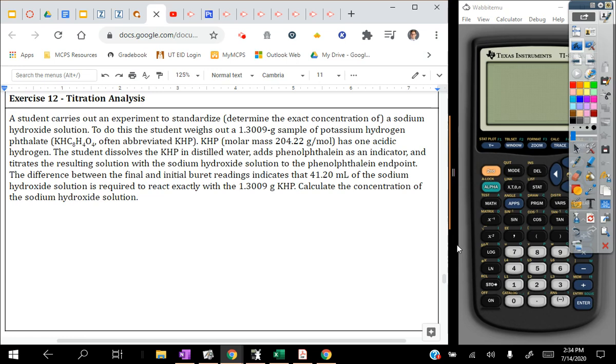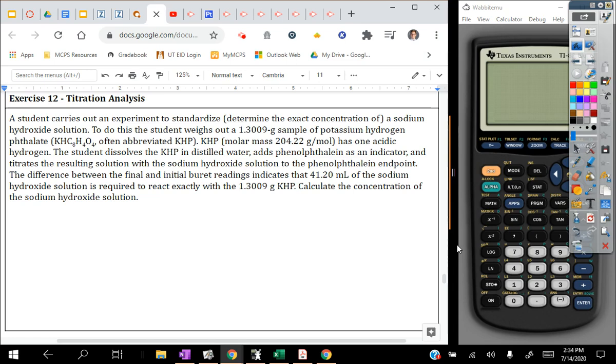It says a student carries out an experiment to standardize, which means determine the exact concentration of, a sodium hydroxide solution. To do this, the student weighs out a 1.3009 gram sample of potassium hydrogen phthalate, which is KHC8H4O4, and it's often abbreviated KHP. KHP, which has a molar mass of 204.22 grams per mole, has one acidic hydrogen.